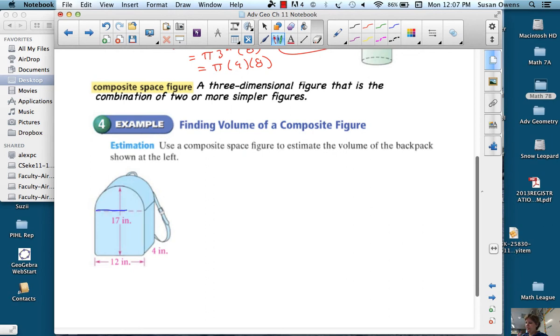If I take a look at the top part of this, now remember I'm not doing surface areas, so I don't have to think about lateral areas and things like that. The top is half of a cylinder. So the volume of the total is going to be 1/2 the volume of the cylinder plus the volume of the prism that makes up the bottom.